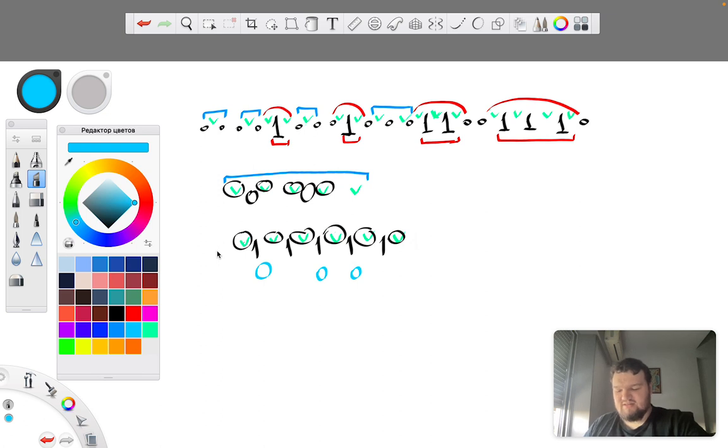But basically, until we can remove all the ones, we cannot free more pairs than the number of operations we spent.